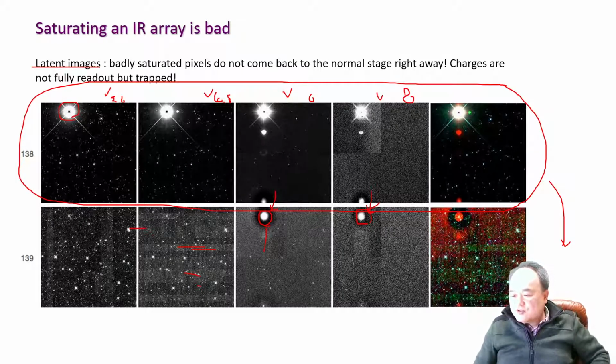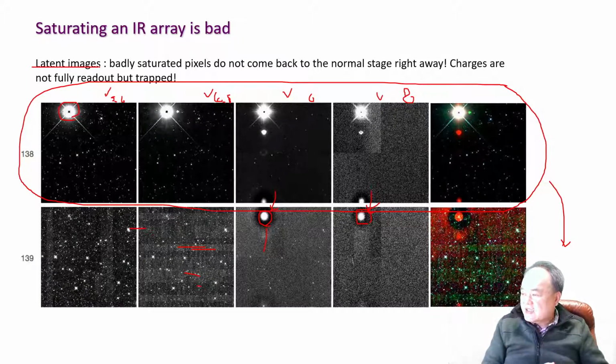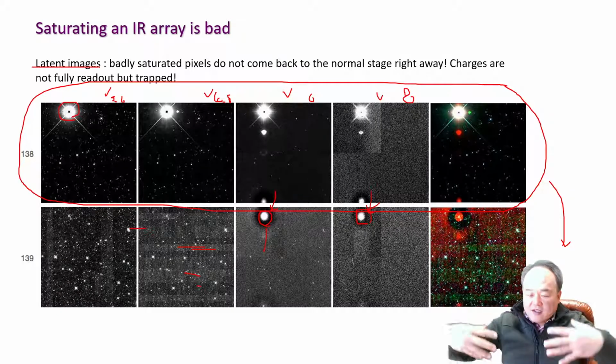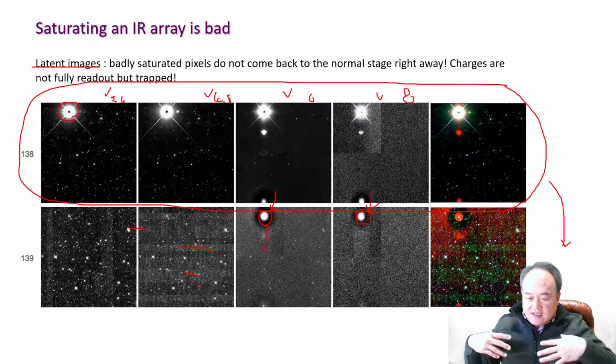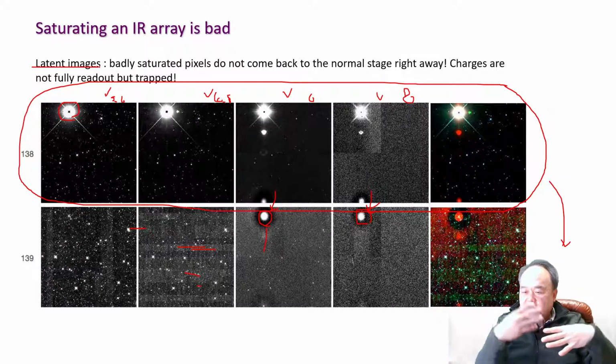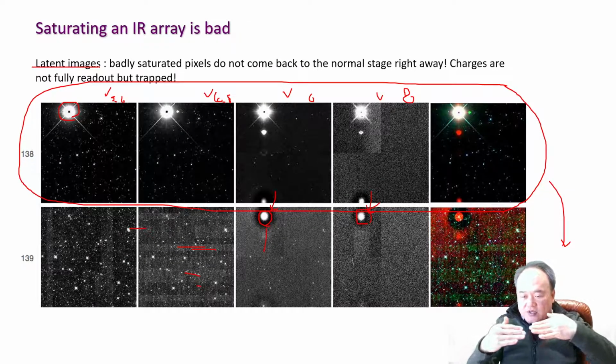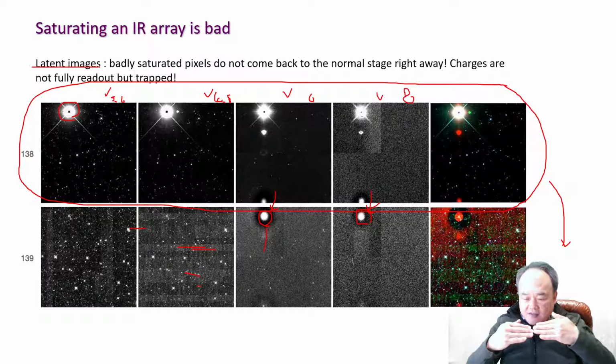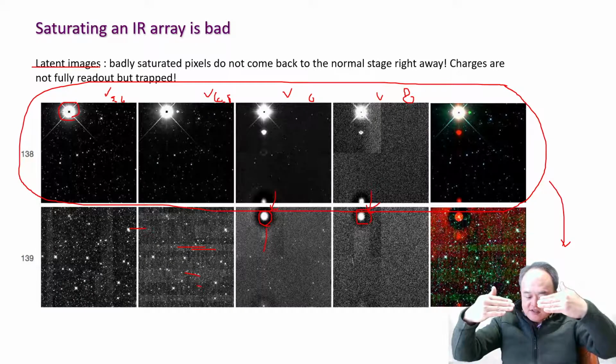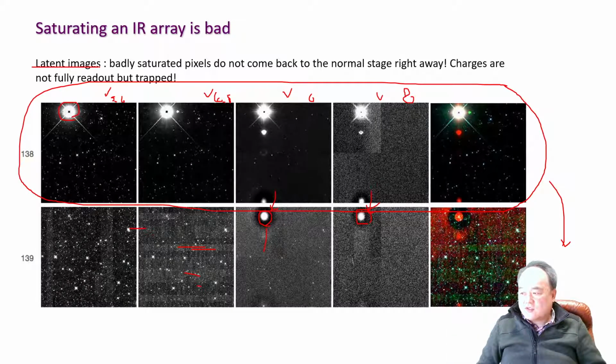To remove these latent images, you need to wait for a long time, a few hours, or you need to reset the detector. Basically, you warm up the infrared array, heat it up, and remove all the trapped charges. This is called thermal annealing of the array. Then you recool it, and that changes the detector behavior ever so slightly.